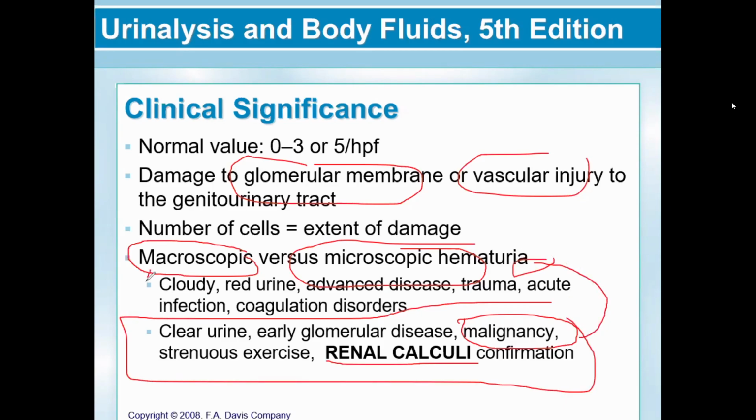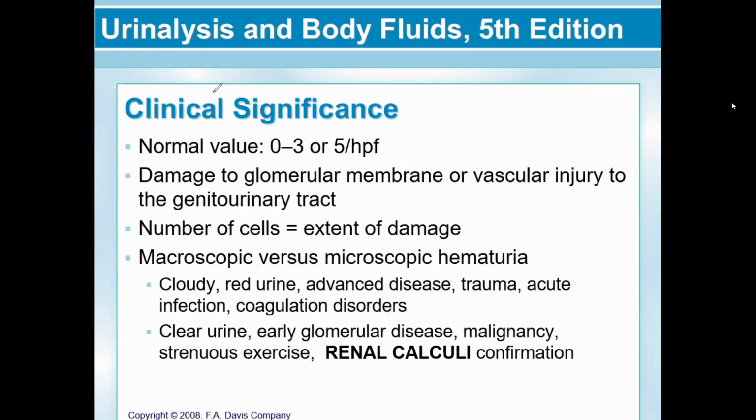This one here, the cloudy red, example dun sa sobrang damage na yung glomerular membrane natin, or in advanced renal failure, meron tayong macroscopic hematuria. Red na red mo talaga makita yung urine mo. So even without looking sa microscope, alam mo na madami kang makikita na mga red cell.